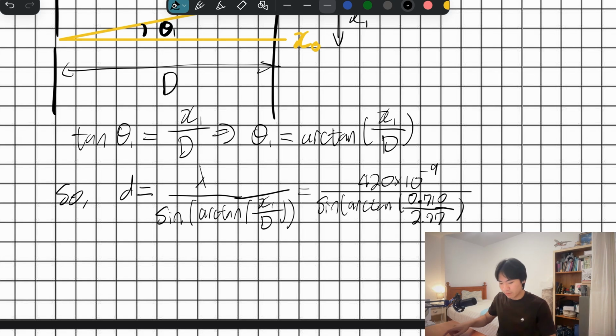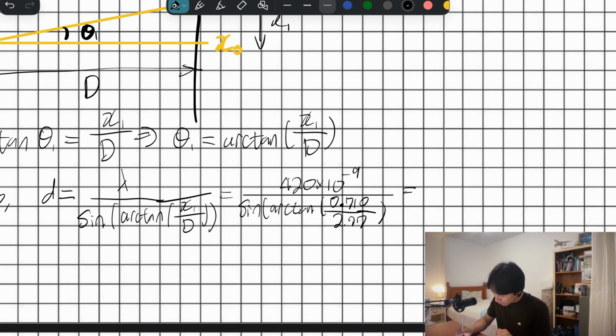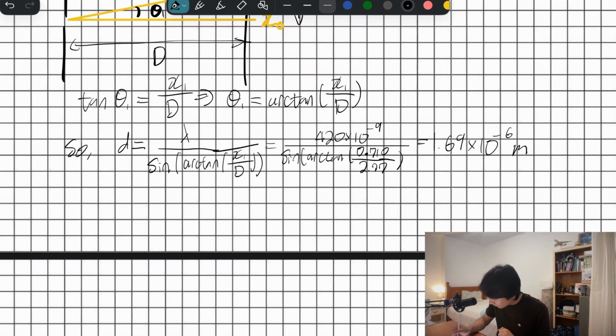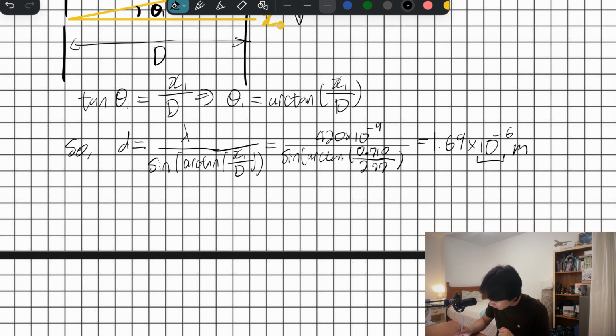Okay, and I get a value of 1.6915, so we can do 3 significant figures, times 10 to the power minus 6 meters. This 10 to the power minus 6 part is just micro, so we can say 1.69 micrometers, since micro just stands for this part here. So hence proved.